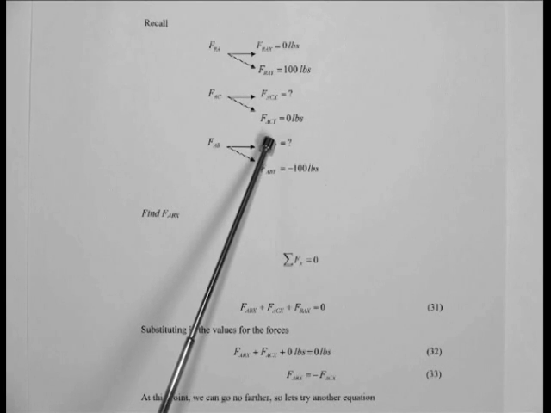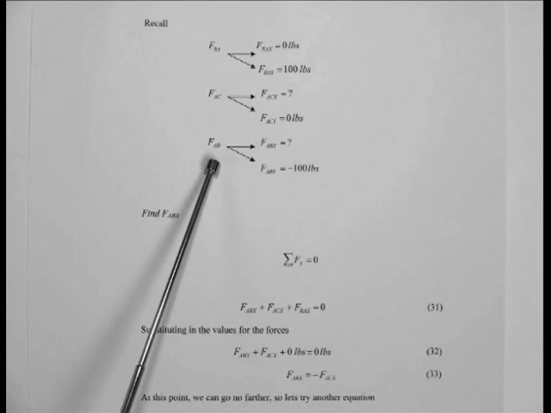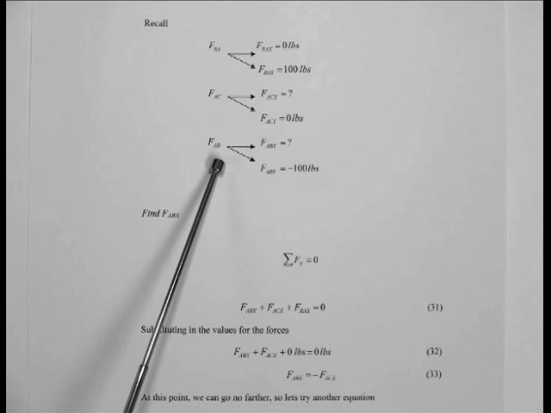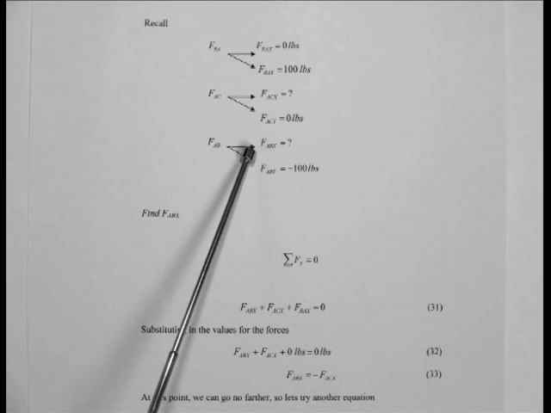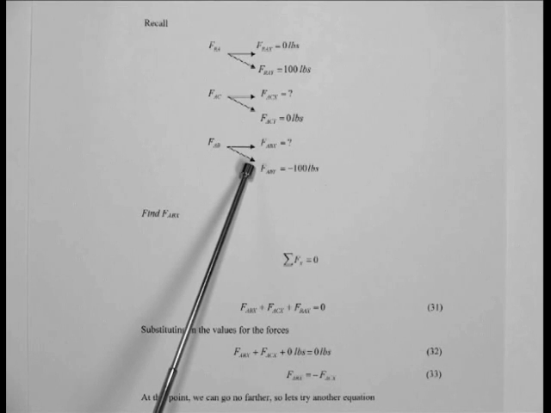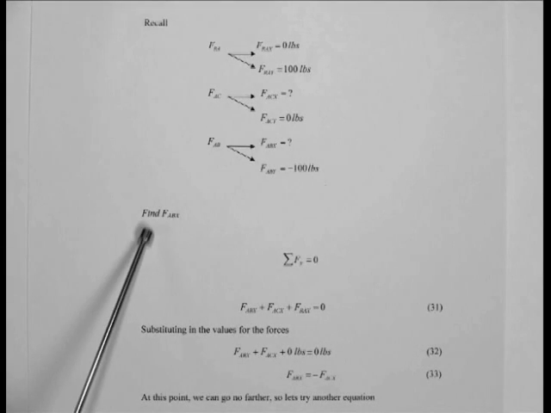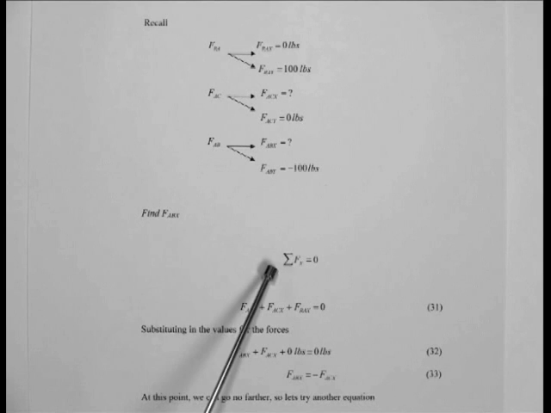This 0 pounds is because member AC is completely horizontal. The force along member AB can also be broken down into an unknown x component and a known y component of minus 100 pounds.